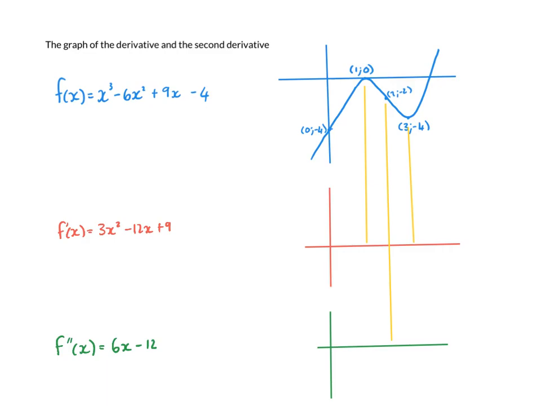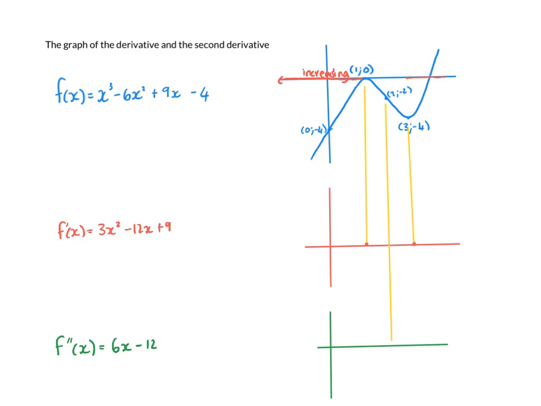As you can see, the equation for the first derivative is going to give me a parabola. Now the interesting thing is, where are the x-intercepts? The x-intercepts will be when we have turning points for the original graph. So we'll have x-intercepts when x is 1 and when x is 3. Now let's consider where the original graph is increasing.